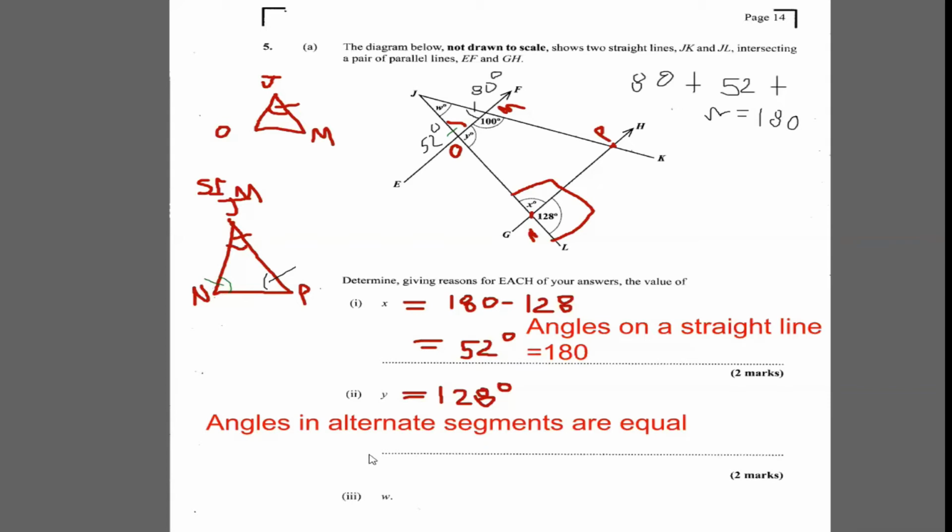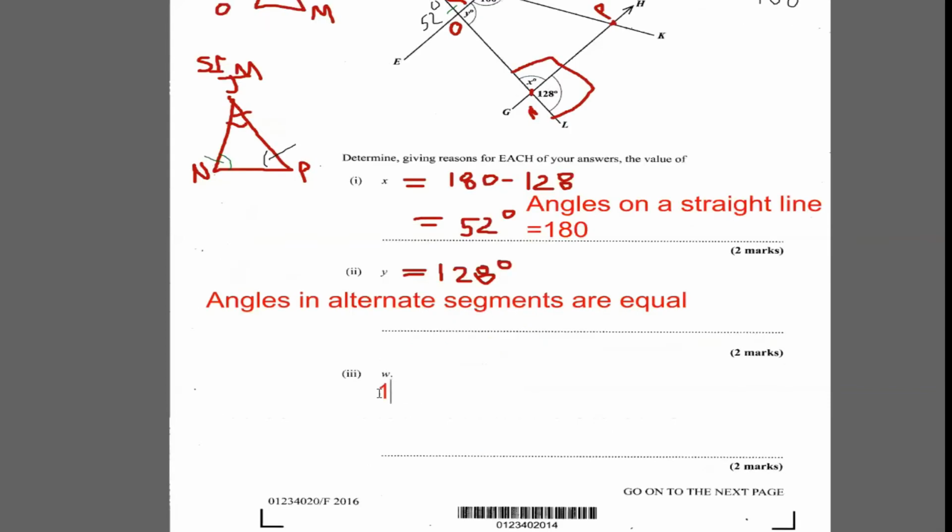So W is equal to 180 minus (52 plus 80). 52 plus 80 is 132. And so 180 minus 132, that's 48.